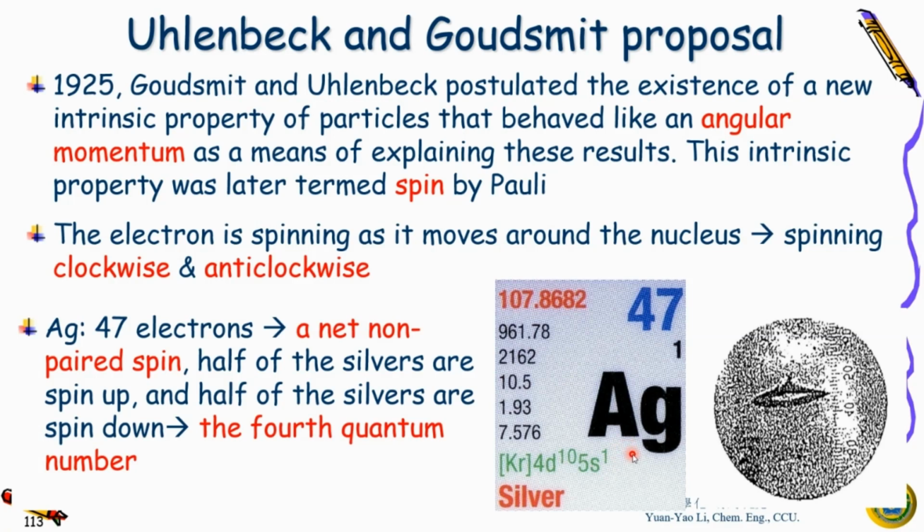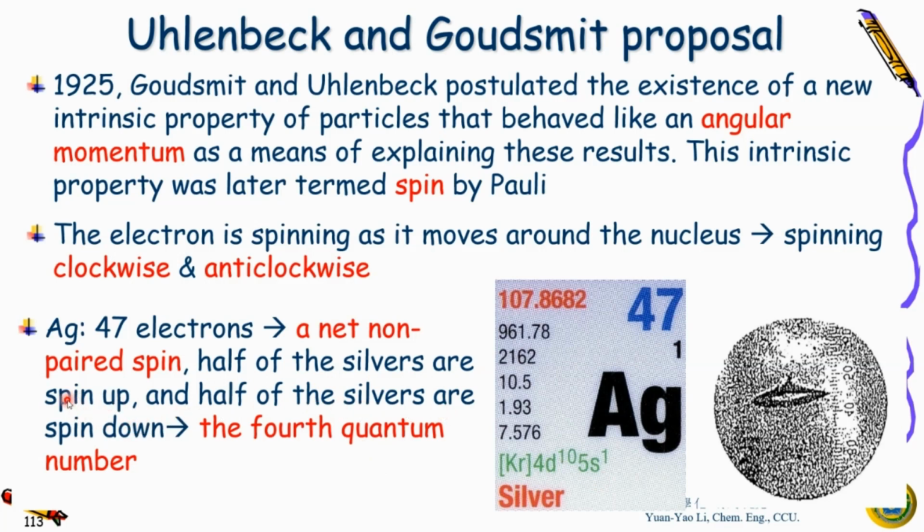But if you apply a magnetic field, this electron can spin clockwise or spin anti-clockwise. So that's why they think there is a net non-paired spin in the silver. Half of the silver atoms are spin up, and half are spin down.